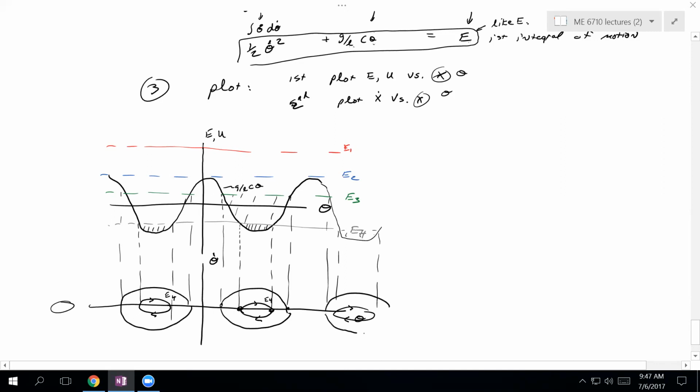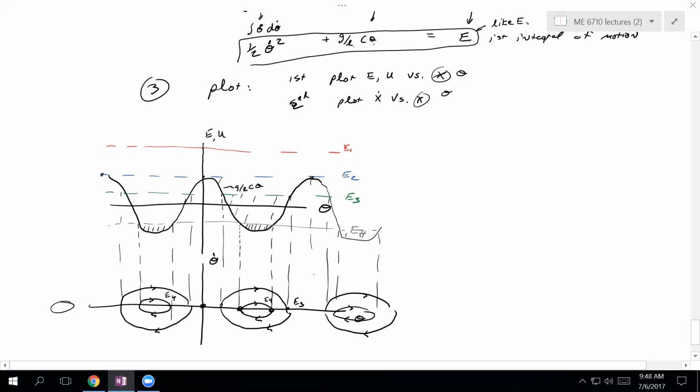So this is my E3, and again, where I've got a positive velocity, I'm increasing x; negative velocity, decreasing x. Okay, I'll work my way up to E2. E2 is right at these peaks, so I exist really everywhere on this curve, but I come to zero velocities here.